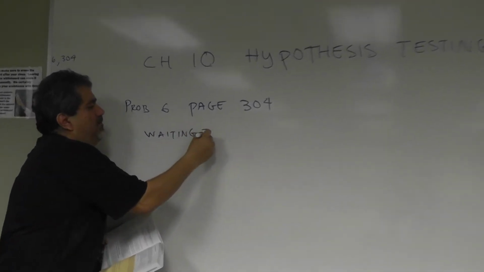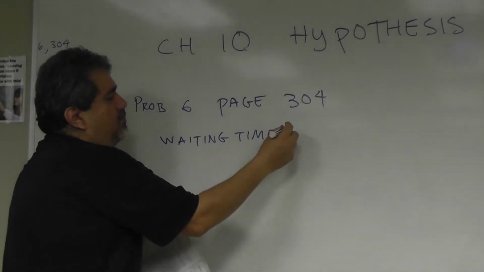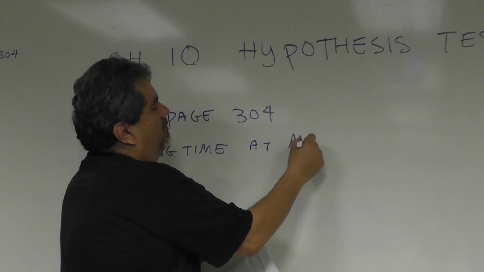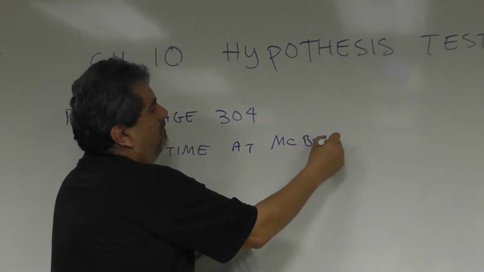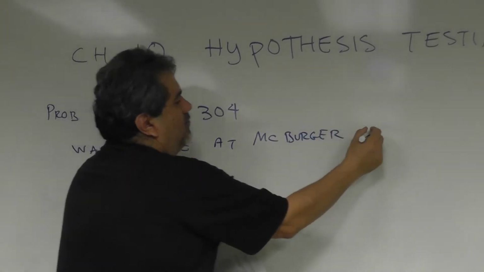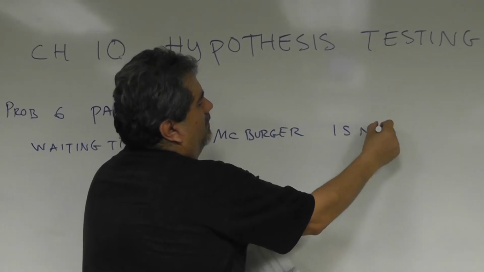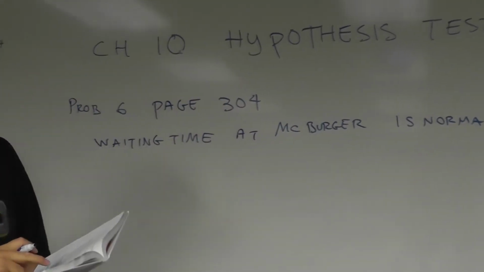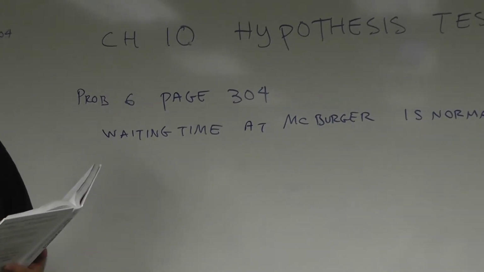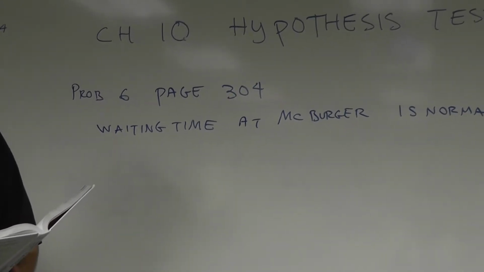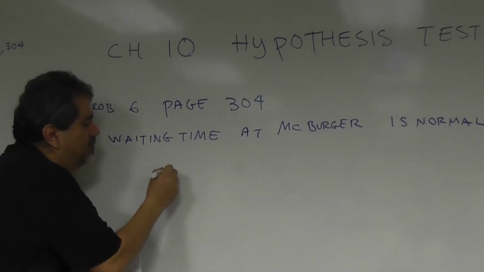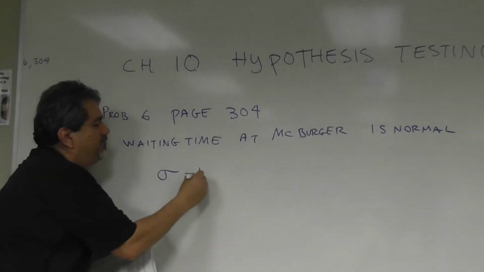Waiting time at this burger restaurant, called Mac Burger, is normal, right? And the first thing we are being told is that the standard deviation of the population is 1, so sigma is 1.